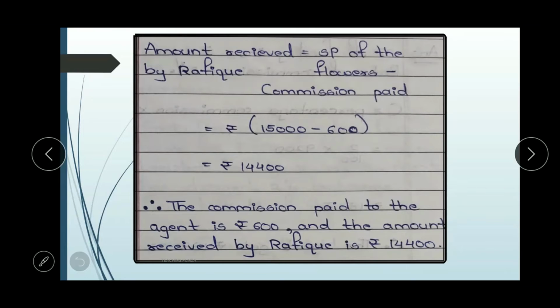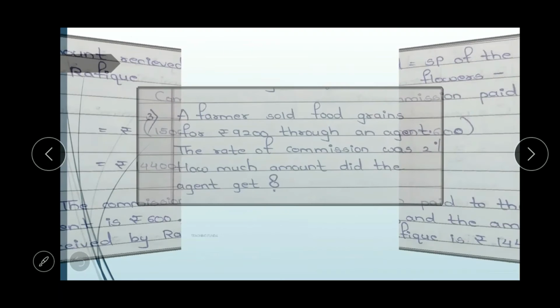Do the subtraction, you will get the amount as 14,400. This is the amount received by Rafiq. So therefore the commission paid to the agent is rupees 600 and amount received by Rafiq is rupees 14,400.